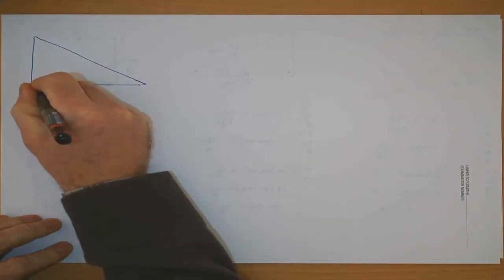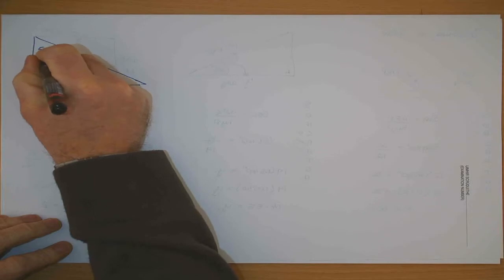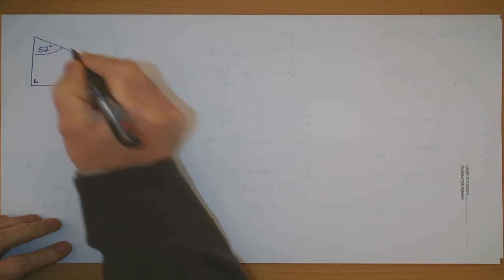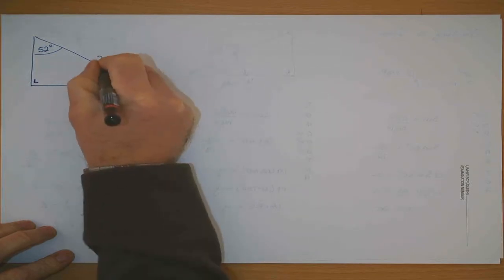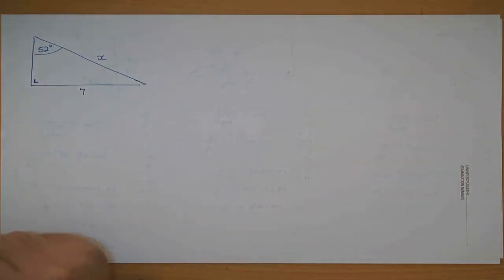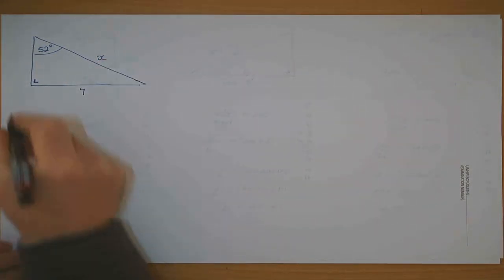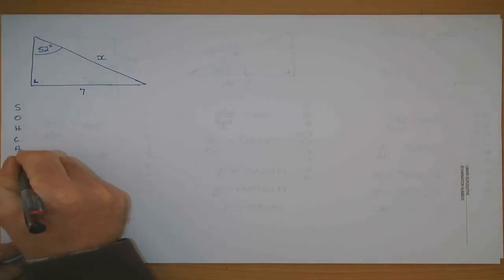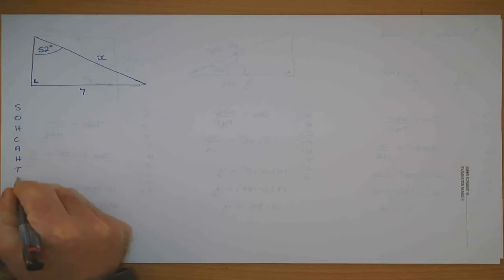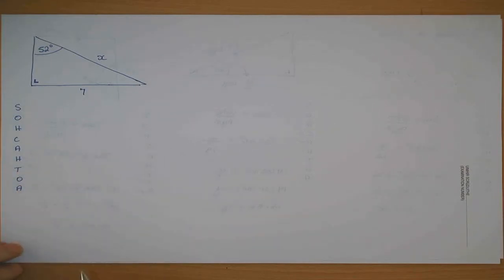Right angled triangle, 52 degrees, 7 and x. Right? So it's SOH CAH TOA. And anytime I use SOH CAH TOA, and I've said this I don't know how many times at this stage, you must decide whether you use sine, cos, or tan.